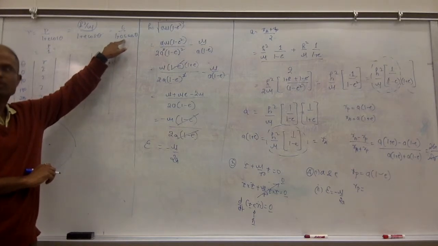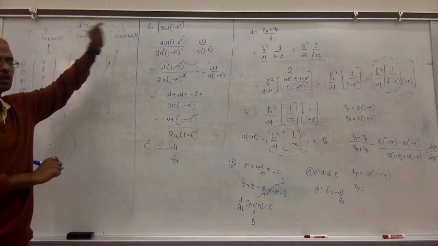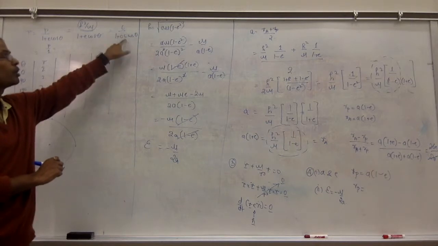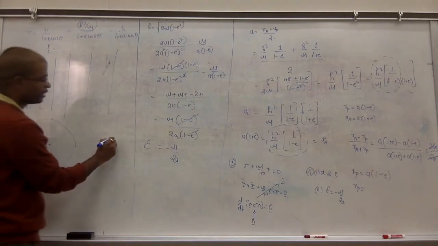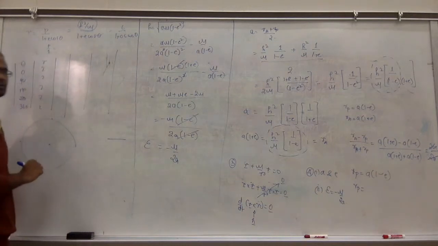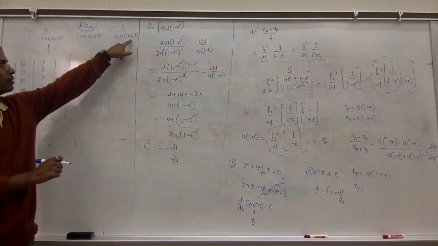E is between 0 and 1, so what kind of ellipse is it? You substitute 0, and it will be 6 over 1.6. That will be the least value. That will be the highest.